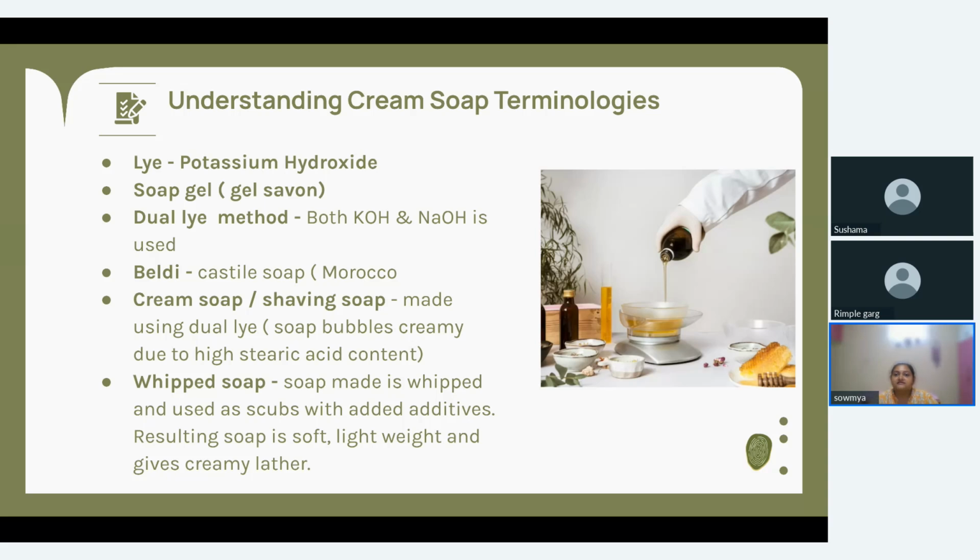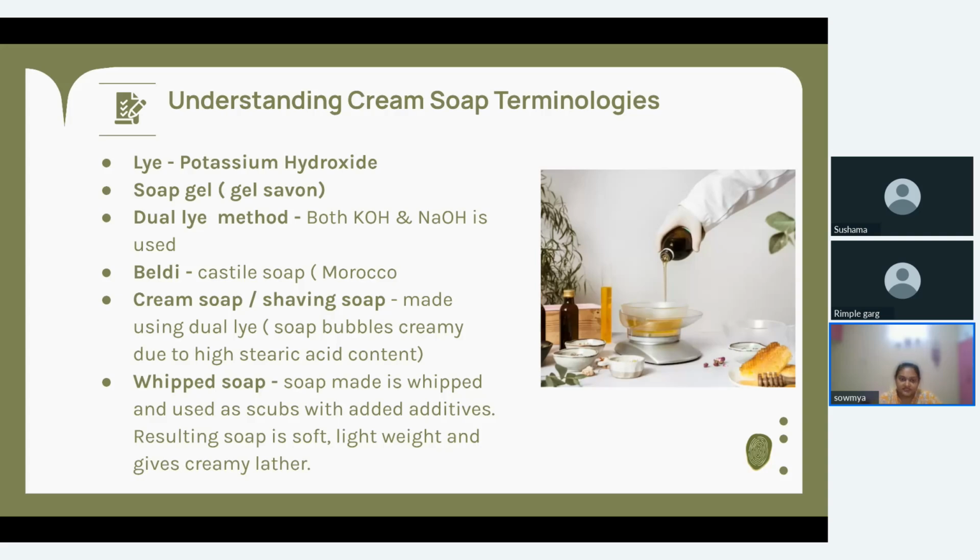Once that lather is built, it will be very thick, luxurious and foamy, and the bubbles will not dissipate or break down faster. It will be long lasting, so it will be very easy for them to trim their beard and shave. So that was used, but now we have other options like shaving foam.